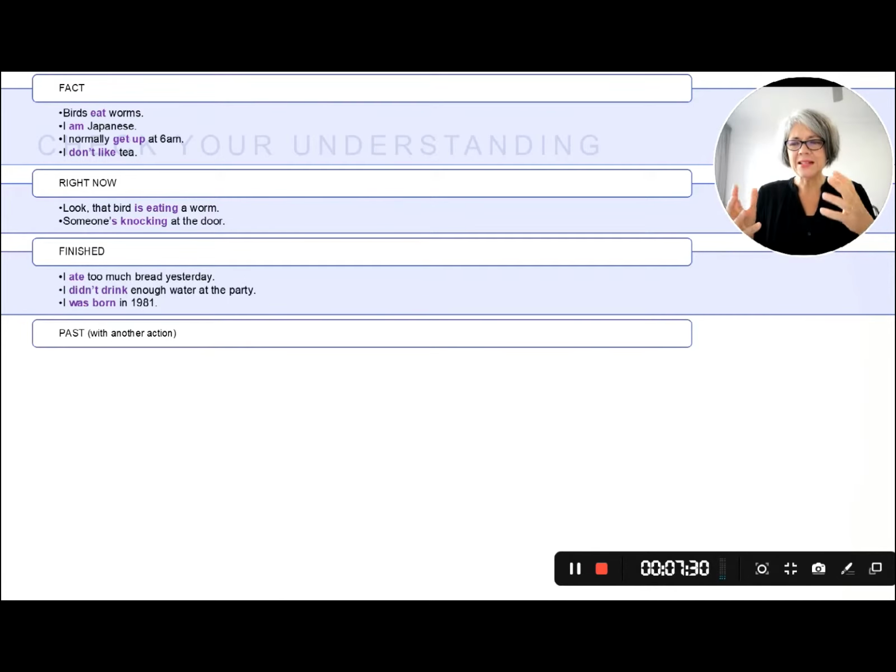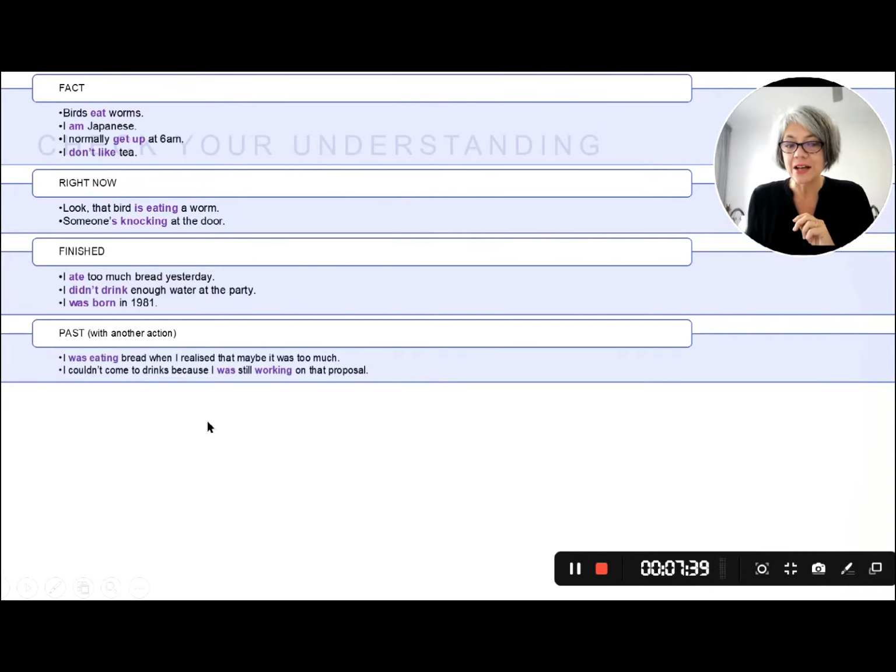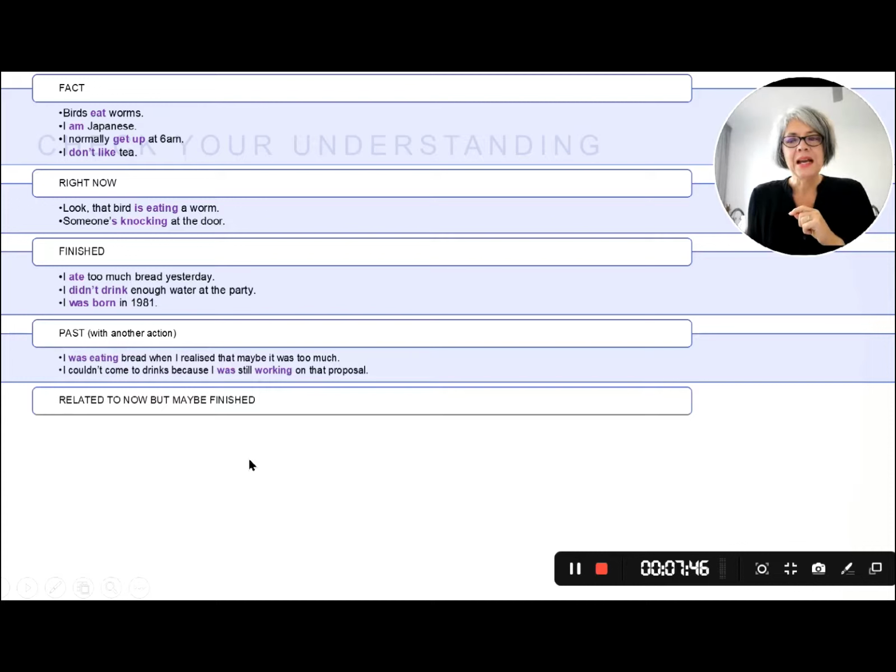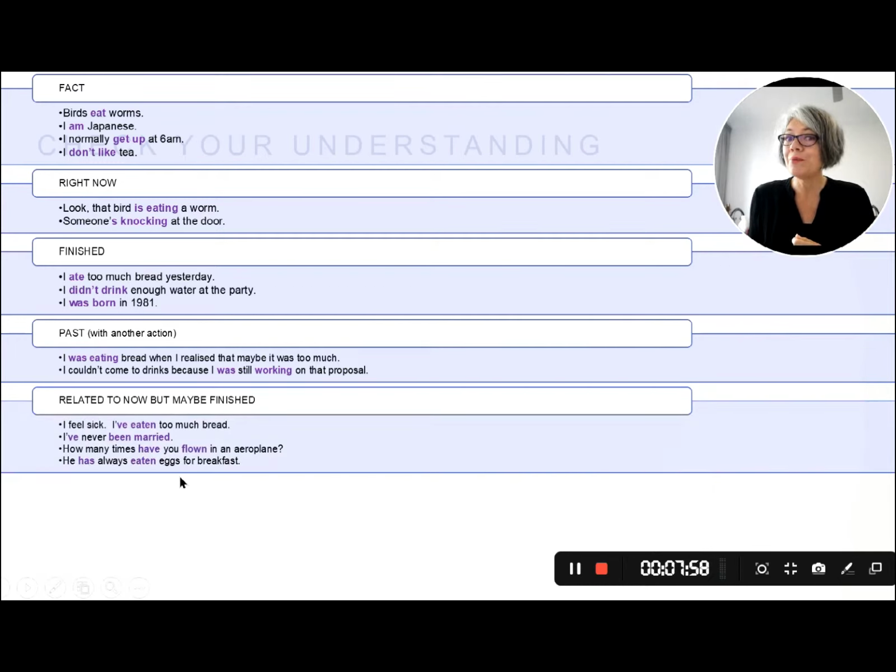If it's past and happening at the same time as another action, you might need past continuous. If it's maybe finished, but still affecting now, still related to now, we use present perfect. I have eaten. He has eaten.